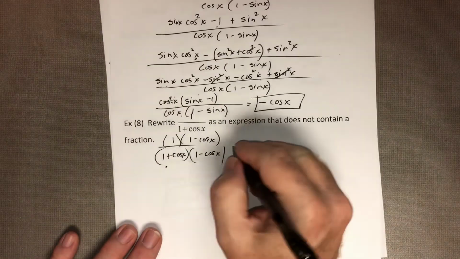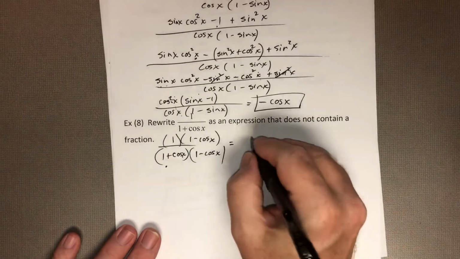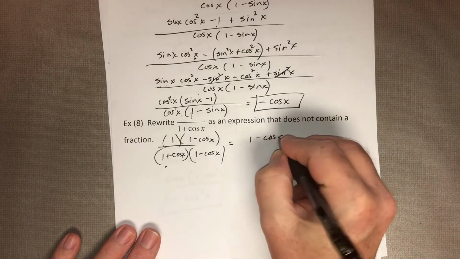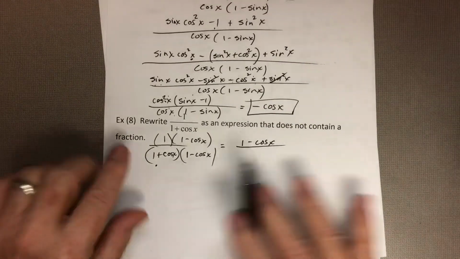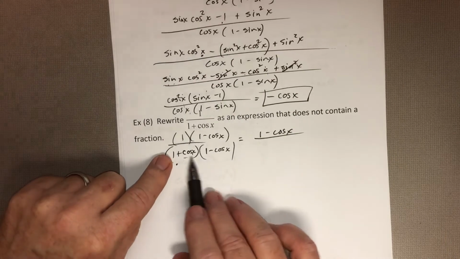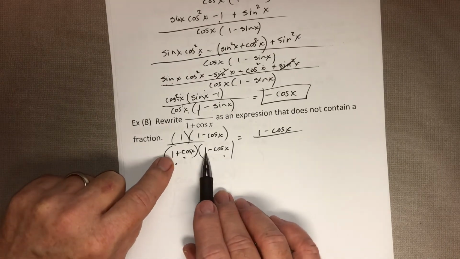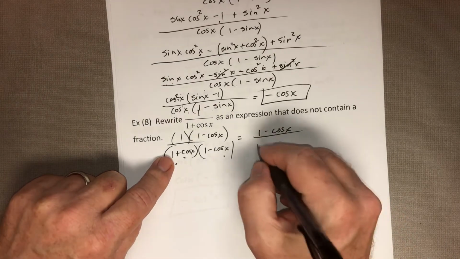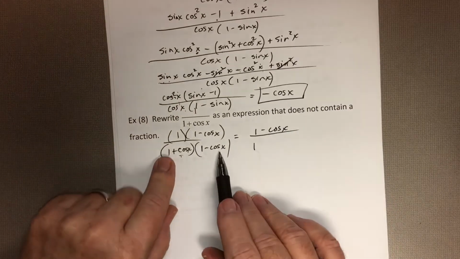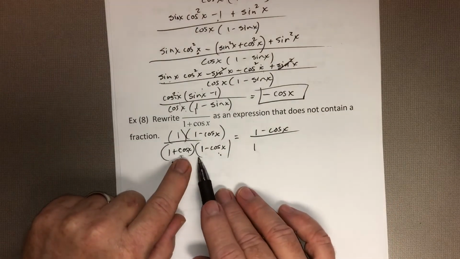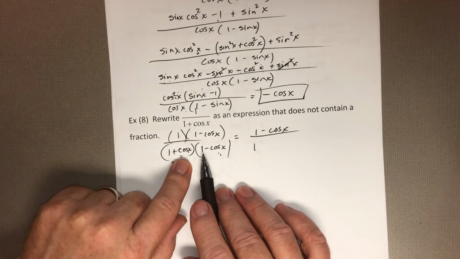When I do, up top, I get 1 minus the cosine of x. Down below, this is like a binomial times a binomial. The product of the first terms is 1. The outer product is negative cosine of x. The inner product is positive cosine of x. Those will cancel.